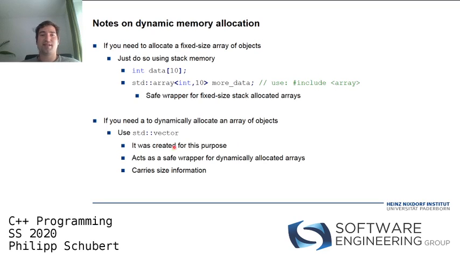It was created exactly for that purpose, and it acts as a safe wrapper for dynamically allocated arrays. It can also grow and shrink in size. It also carries the size information. It implements all useful operators and some more useful member functionalities, which you can just use out of the box.